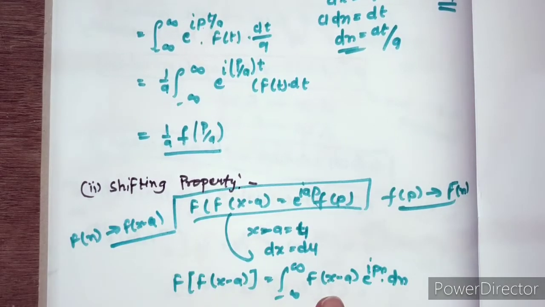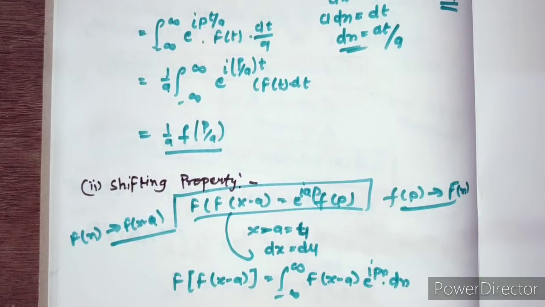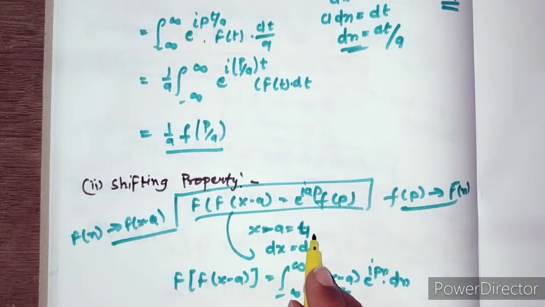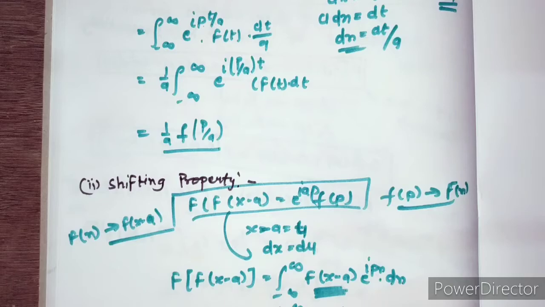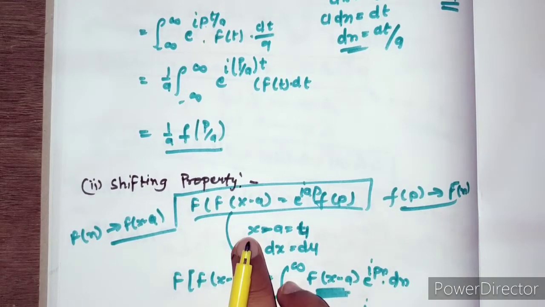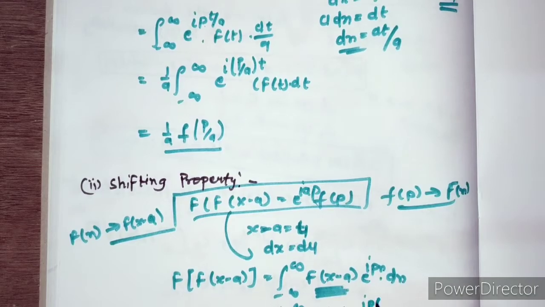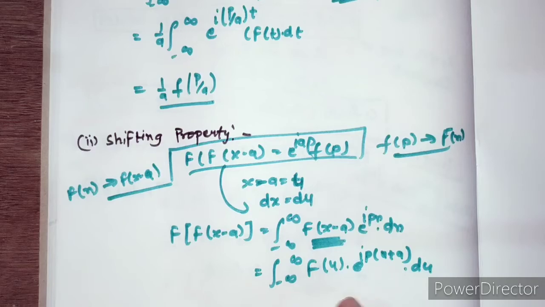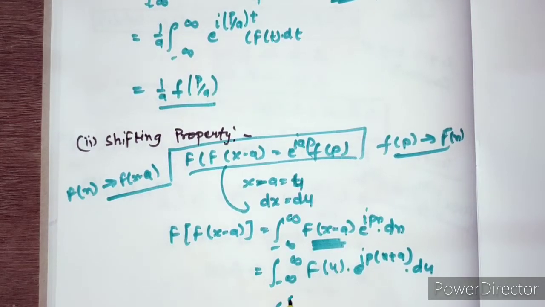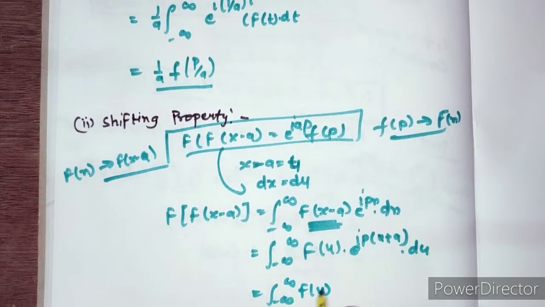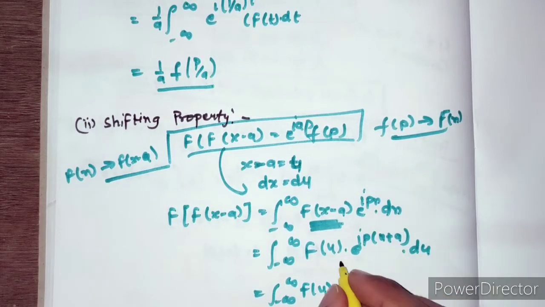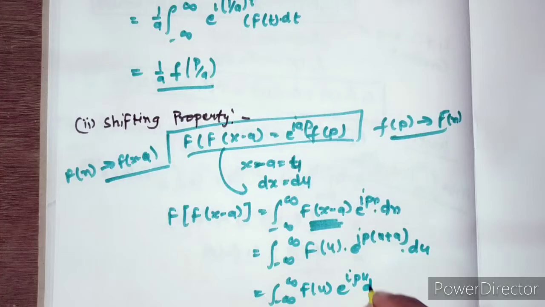Putting x minus a as u, then f(u). Also x equals u plus a, so ipx equals ip(u plus a), and dx equals du. So it is also written as the integral from minus infinity to infinity of f(u) e raised to ipu, with e raised to ipa as a constant term, du.